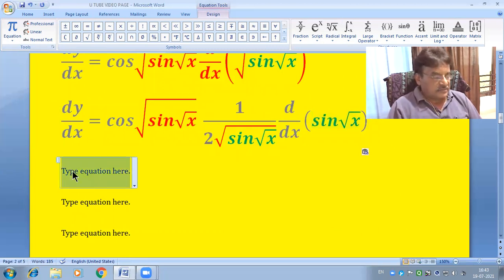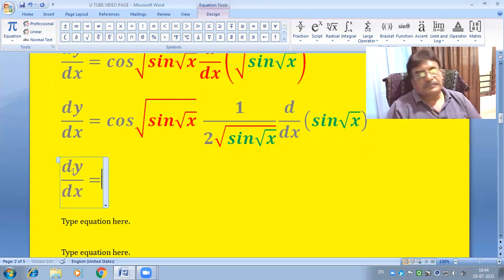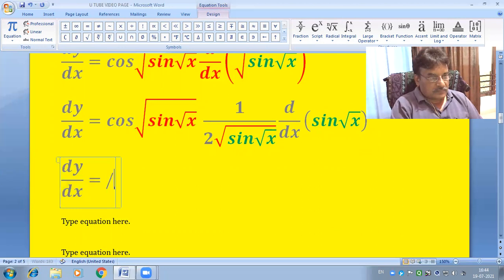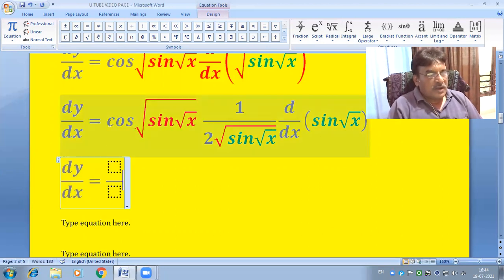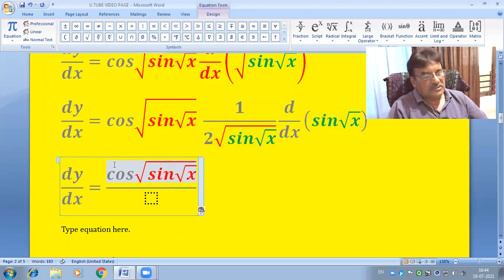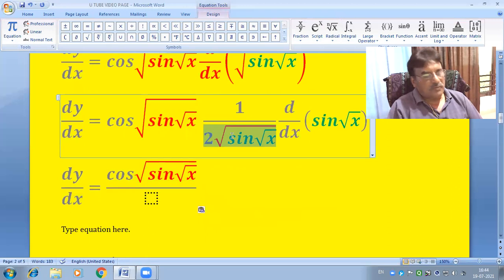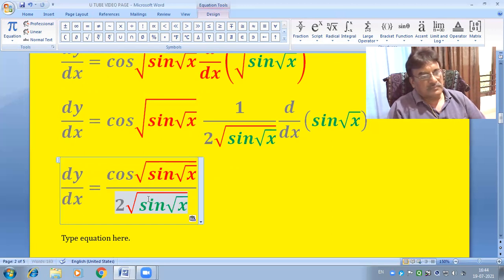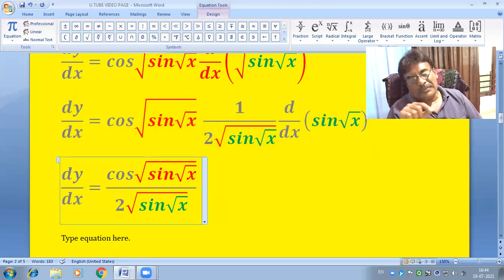Therefore, dy/dx is equal to cos of √(sin √x) as it is, upon 2 into √(sin √x) as it is, into d/dx of sin √x.